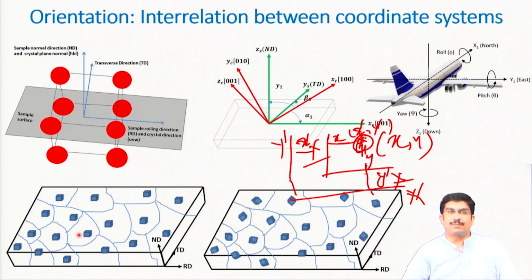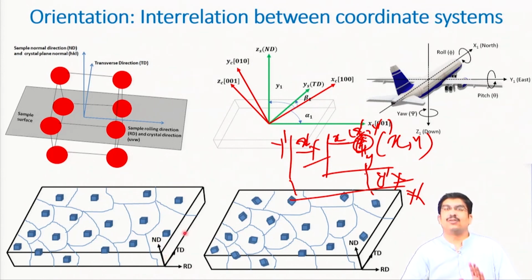Okay. So, with respect to that, if you define your crystals, these are different grains, this is a polycrystalline material, you have different grains, and now what you can think of is how these grains are all oriented with respect to this coordinate system, rather which plane or which direction is oriented along RD, which direction is oriented along ND, which direction is oriented along TD.